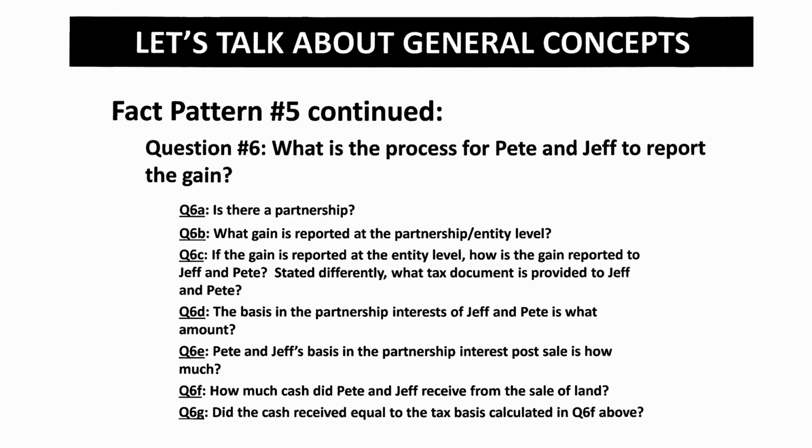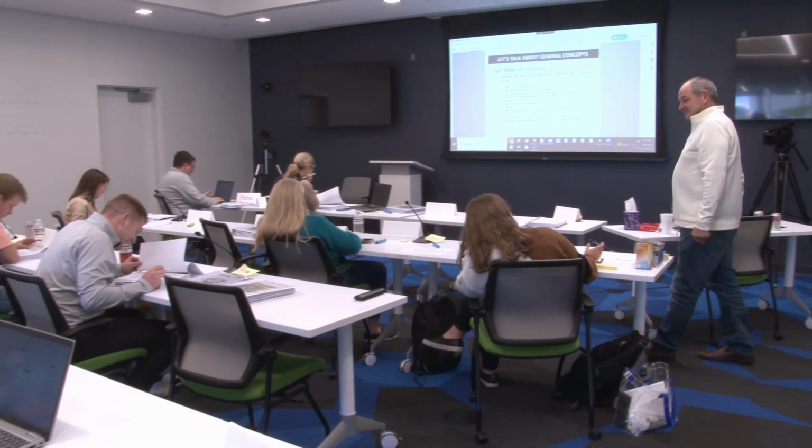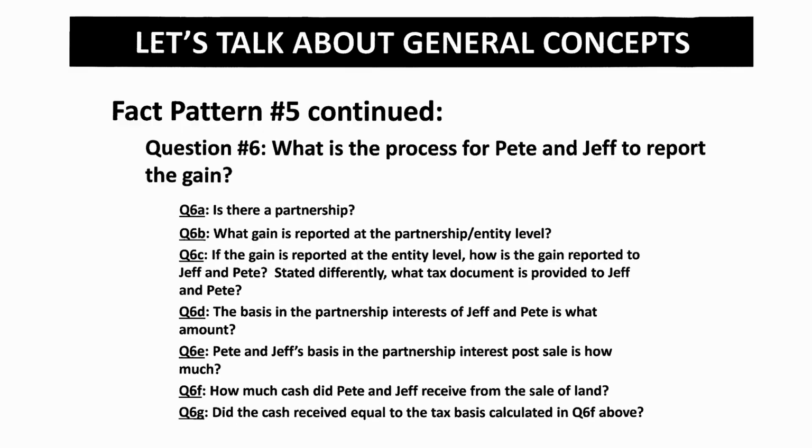How much cash did Pete and Jeff receive from the sale of land? 10 each. It's making the assumption that it was distributed. I like how you're splitting hairs now. 10,000. Did the cash received equal the tax basis calculated in 6F above?